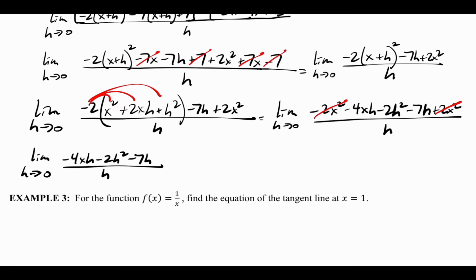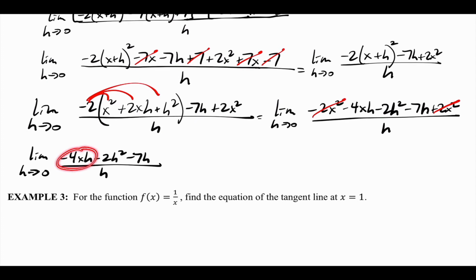They all have h's, so if I plug in 0, it's going to make 0 over 0. All three terms on the top have an h, and the one term on the bottom is an h. Everything has an h, and that's the problem.